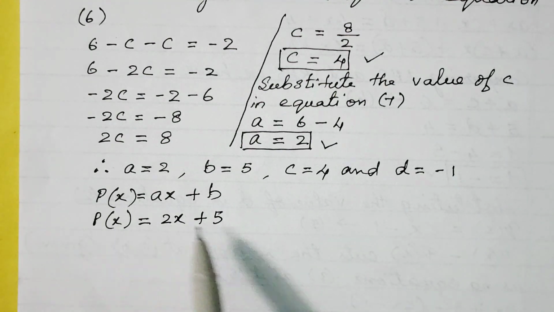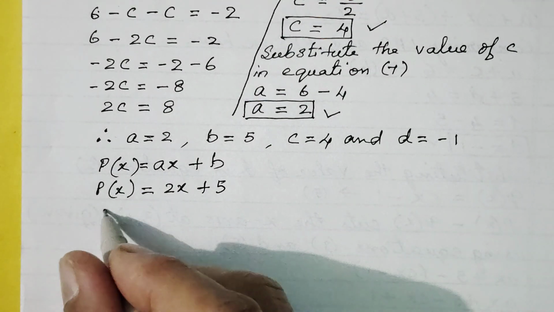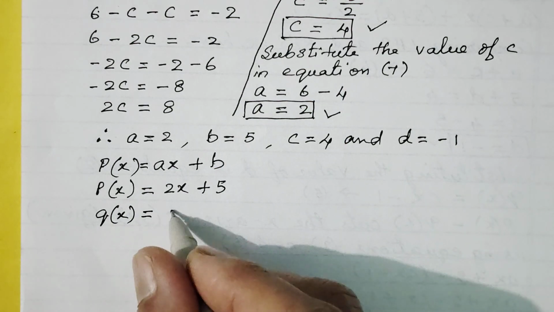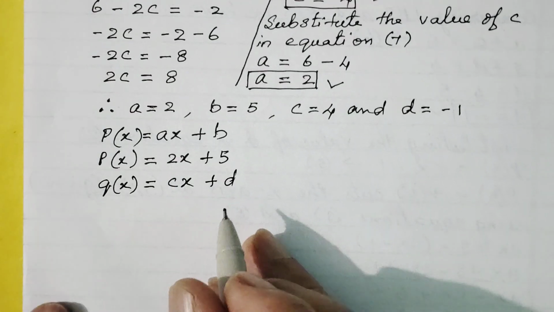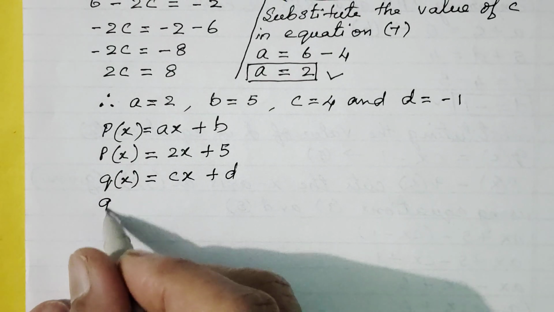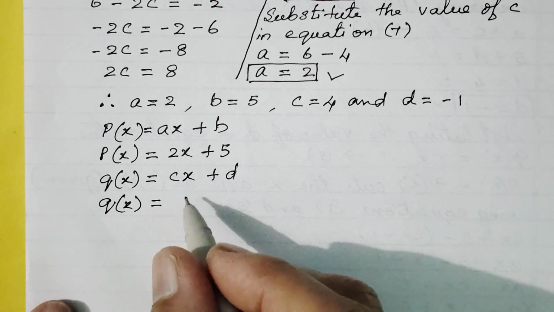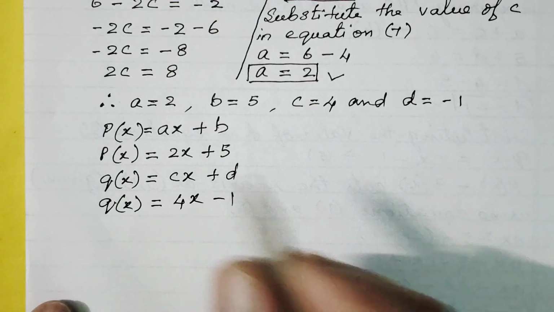Next we'll find Q(x). So Q(x) is equal to cx plus d. So Q(x) will be equal to, c is 4, so 4x minus 1.